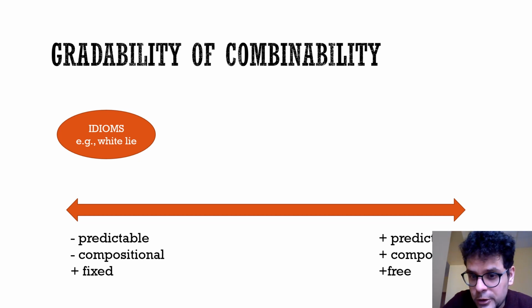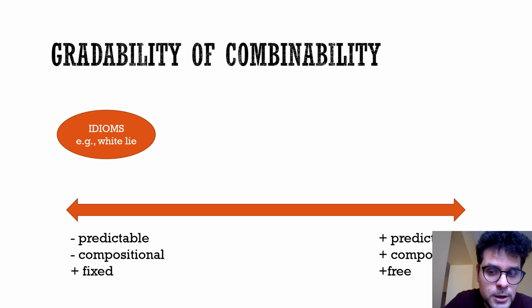Birds of a feather flock together. We can't say animals of a feather or birds of something else. They are fixed combinations. So they're fixed, and also they are not really compositional. You remember the idea of compositionality is that the meaning can be deduced from each part. However, that's often not the case with idioms, because you remember idioms are semantically opaque.